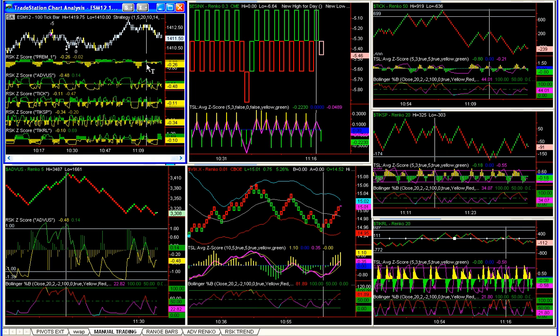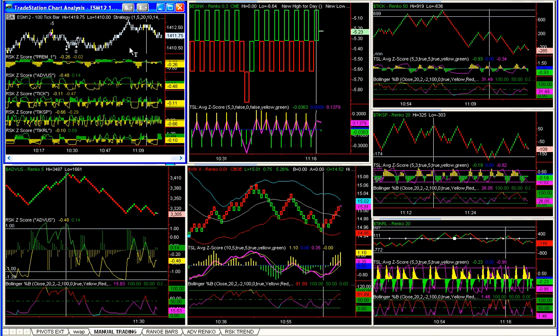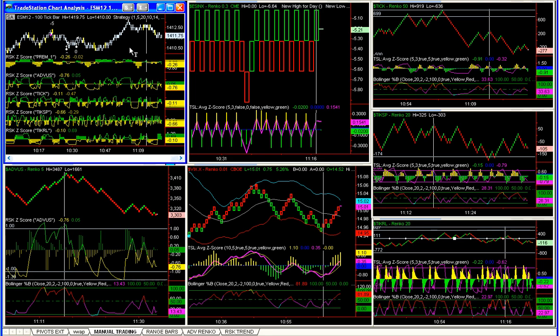Z-score of the raw data was just above the zero line. Now, without expanding this, that may not be real clear, but that's what we're seeing here. So that's why I'm still kind of toying with the plotting of the average Z-score via a Renko brick as opposed to the raw data. My mind isn't made up on that yet.